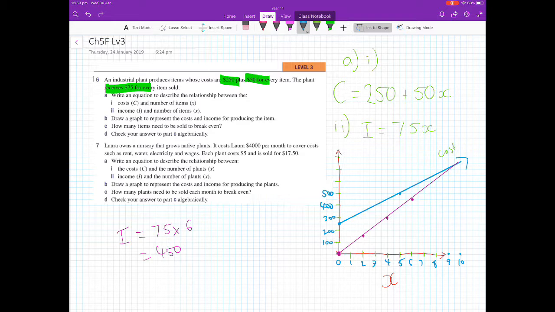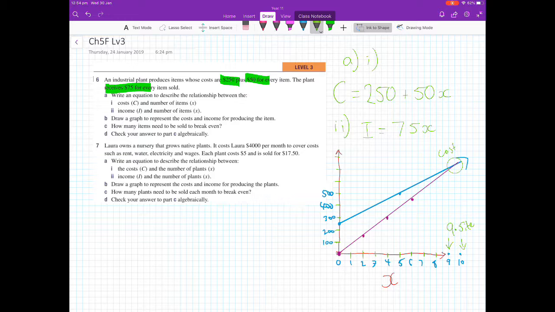So we find where they are, go straight down, and we're looking at somewhere between 9 and 10. 9, 10, so somewhere in between about 9.5. I'm going to suggest that that purple line should have been a little bit lower, so it probably is actually closer to the 10.